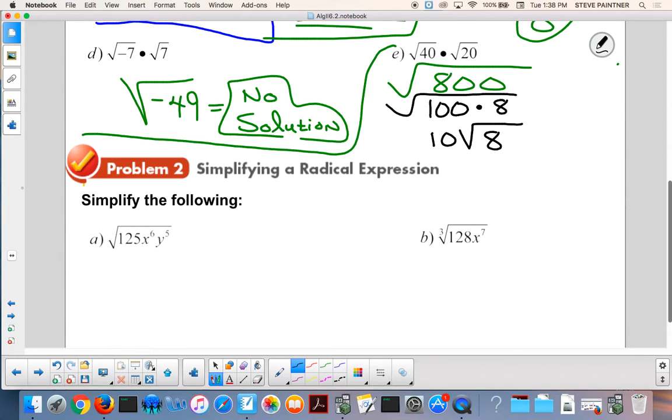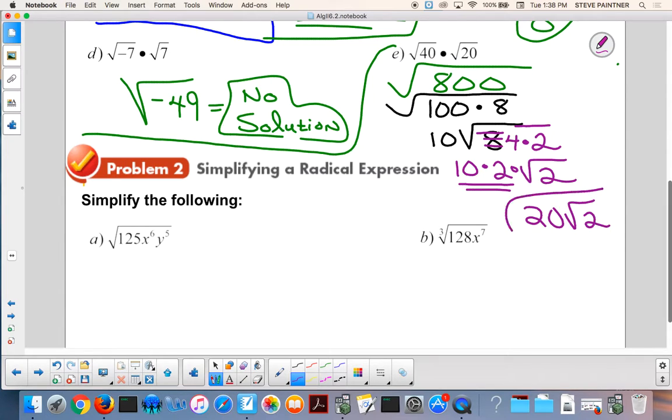No. Somebody said it, 4 and 2, right? So you'd probably change this to 4 times 2. Square root of 4 is 2, times the square root of 2. Of course, the two numbers out in front make 20. There you go.